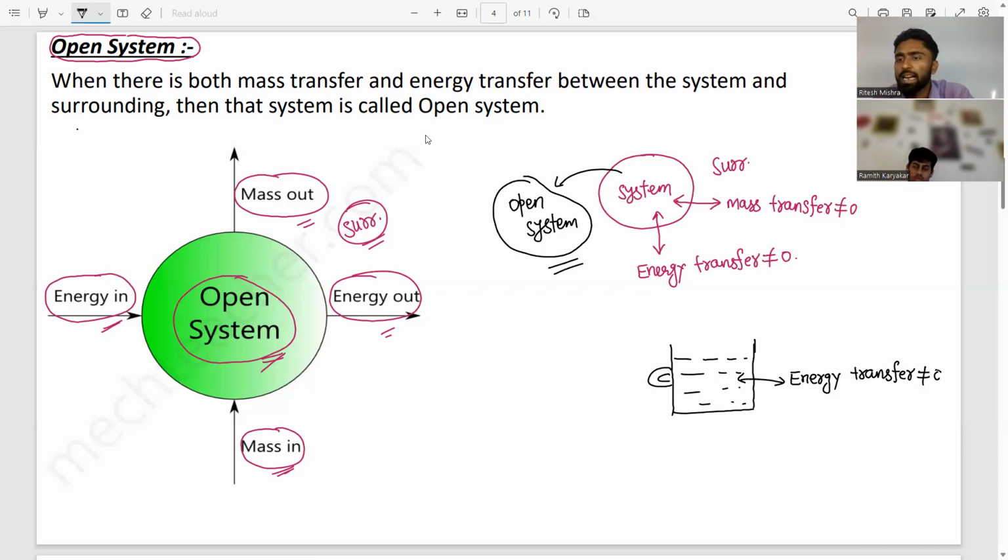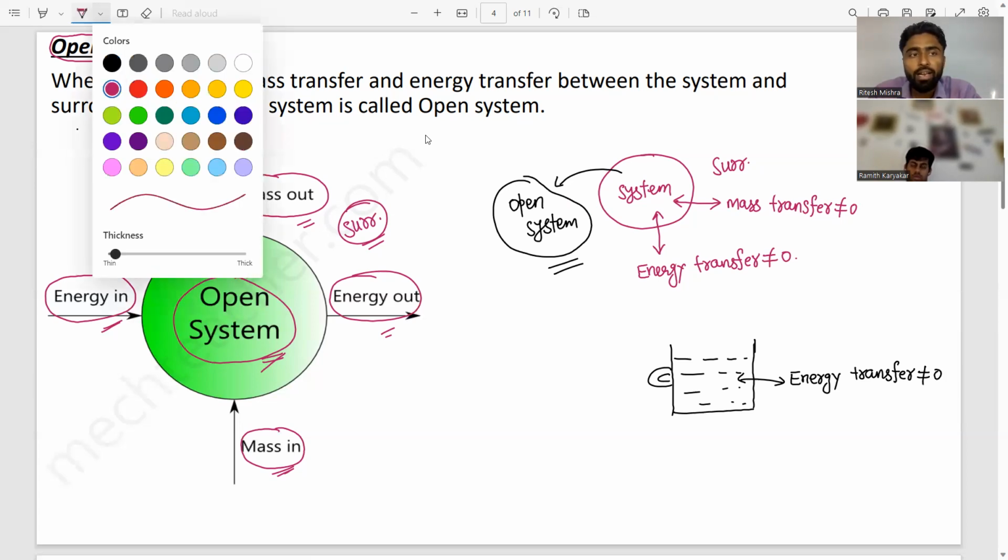That means there is energy transfer between the system and surrounding: from the tea, heat transfer goes to the room. But in the previous case, we put a plate over the cup, so there was no mass transfer.